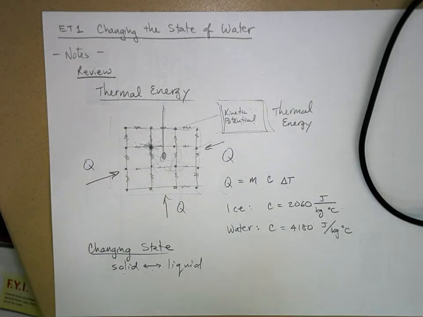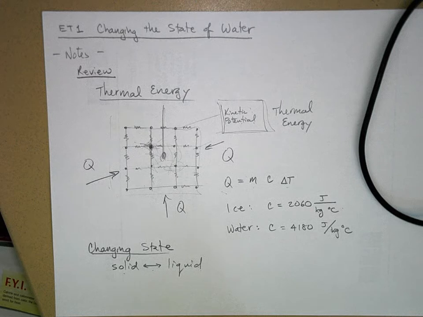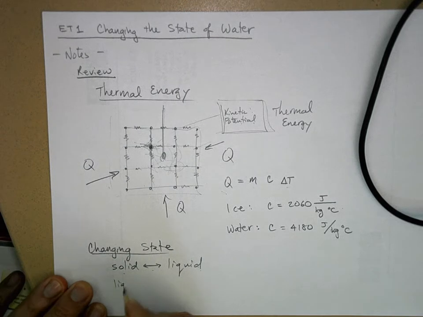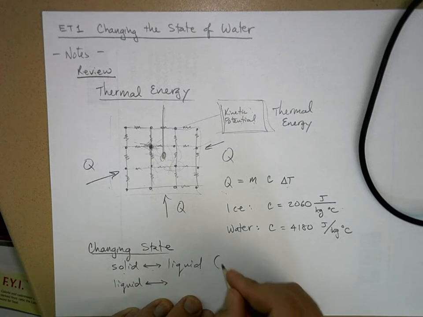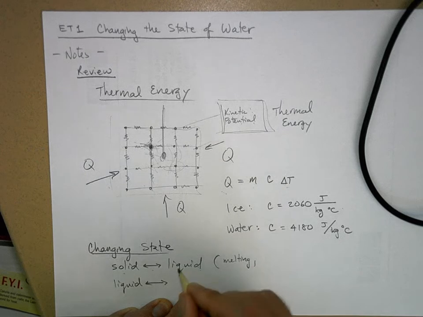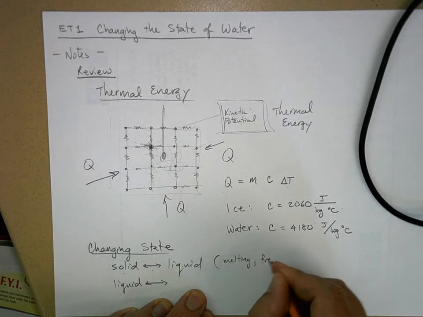But the only difference between freezing and melting is that when you're melting, it's absorbing heat from the environment. When it's freezing, the water is releasing heat to the environment. So from solid to liquid is melting, and from liquid to solid is freezing.